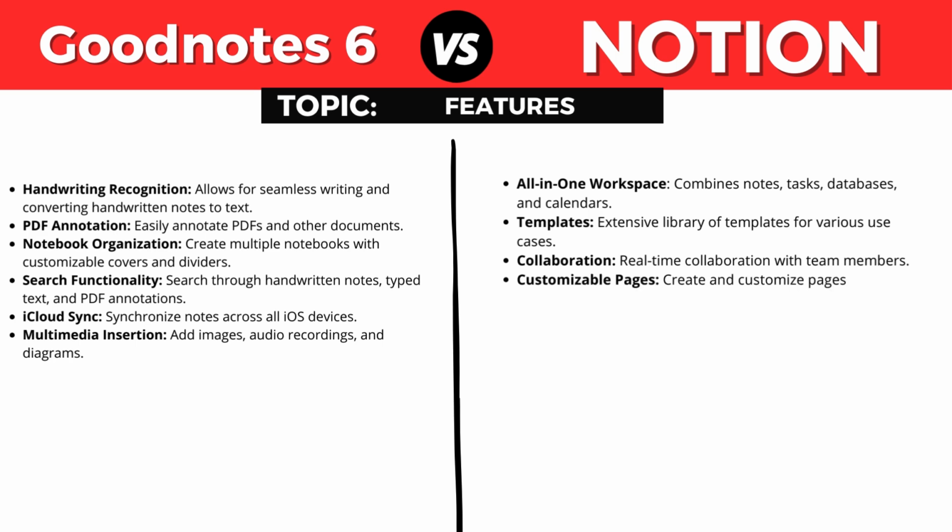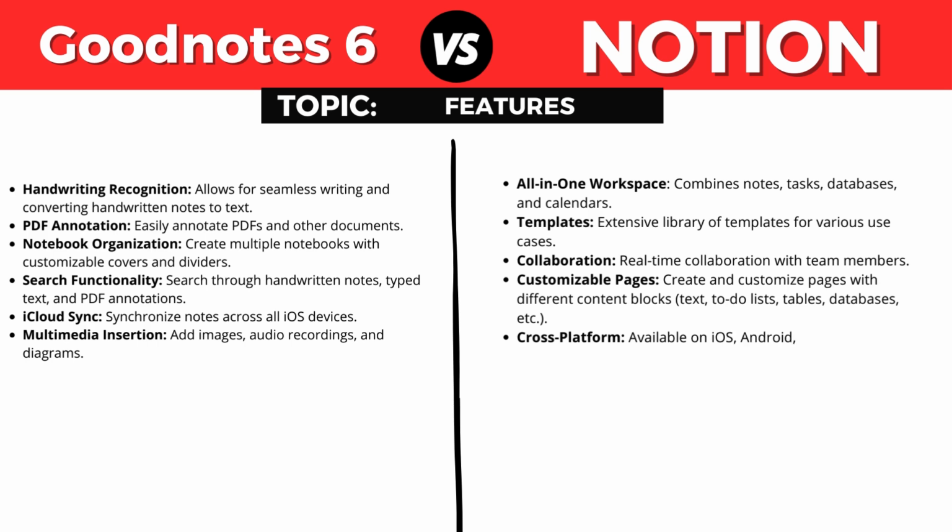The customizable pages: create and customize pages with different content blocks, like text, to-do lists, tables and databases, etc. Cross-platform: available on iOS, Android, macOS, Windows and web. And integration with numerous third-party apps and services.